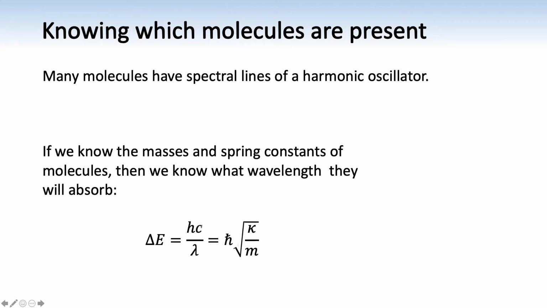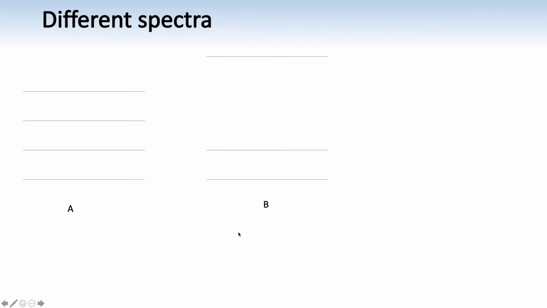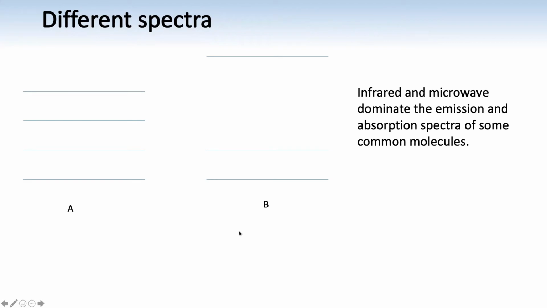So this would be the energy of the photon, and this is the energy difference between the two levels. So if I know kappa and M, then I can determine this lambda, okay? So it turns out that infrared and microwave are the dominant emission and absorption spectra of many common molecules, okay?